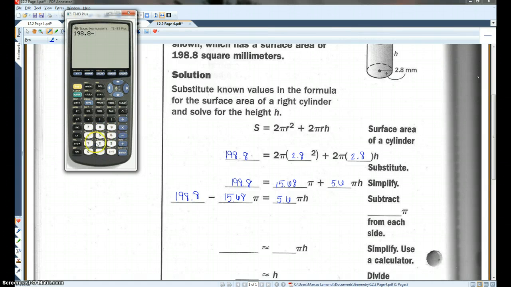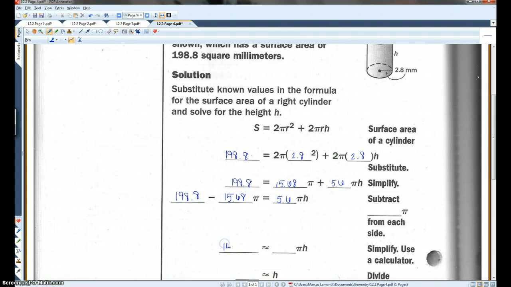198.8 minus 15.68 pi is going to be approximately 149.54. Now I'm just going to divide by 5.6 pi.